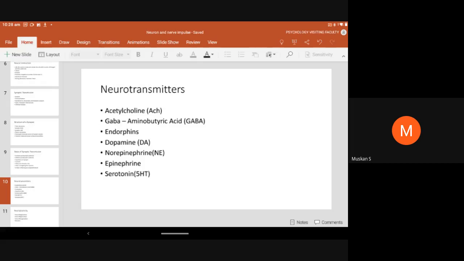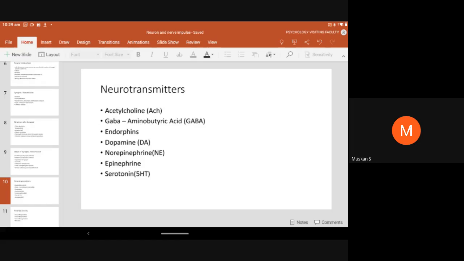And the next one is the DA. So this DA or dopamine is released, and it may cause schizophrenia, one of the most well-known psychotic disorders that you may know. And this dopamine may have both an excitatory and an inhibitory effect depending on the synapse being affected.